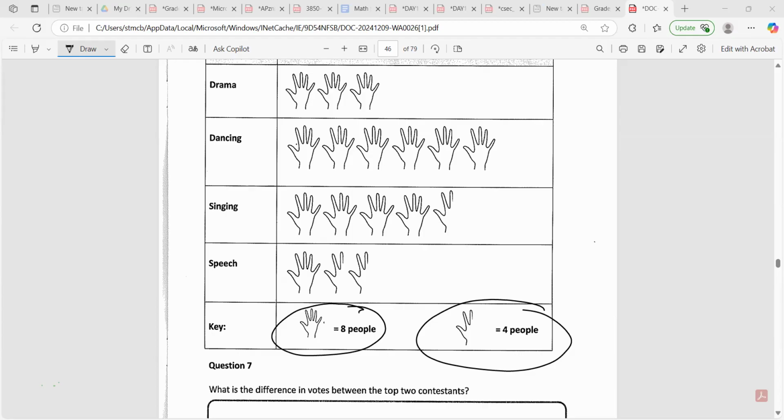Votes. Ritika, I agree with you as well. I agree with yours. Good job, good job. Remember, put the unit, right? It's votes. So put that as well.